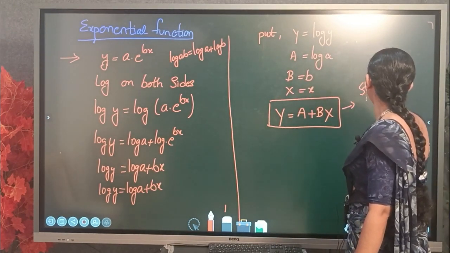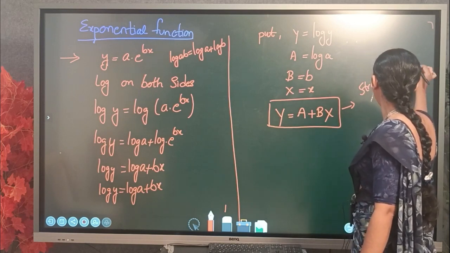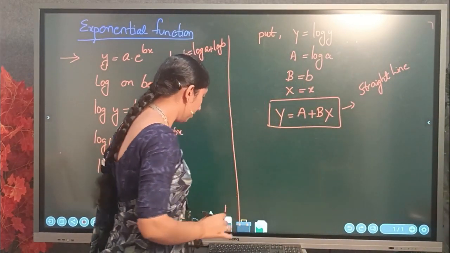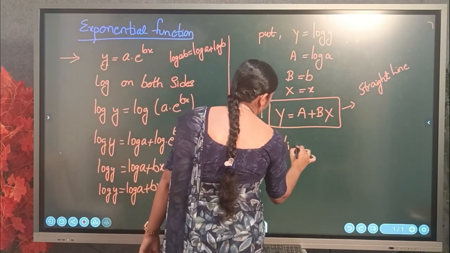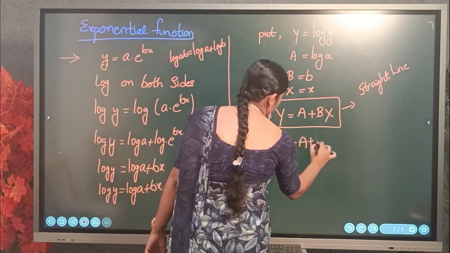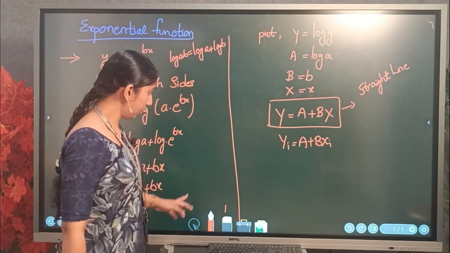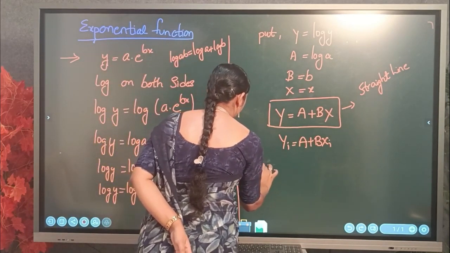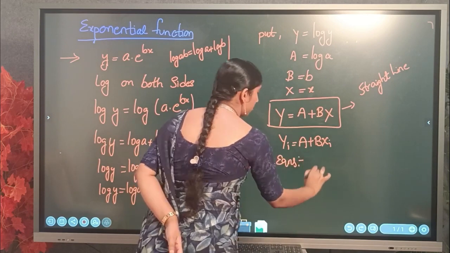Already I have given assignment to you. How many normal equations will you get? Two normal equations. For the normal equations, we have to apply summation. First you write yi is equal to a plus b xi. Now we write the normal equations.